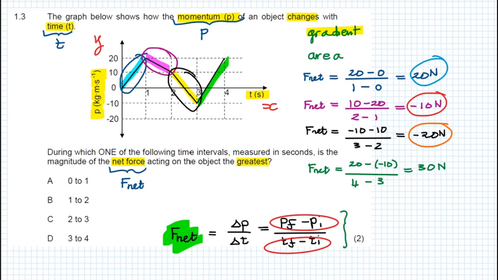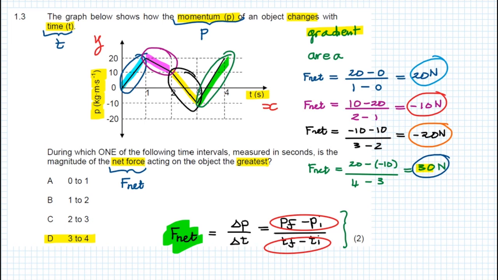And during the last time interval, 3 to 4 seconds, the net force that we find is 30 newtons. Of course, 30 is bigger than all of the other magnitudes, and therefore we know the answer to question number 1.3 is D, 3 to 4 seconds.